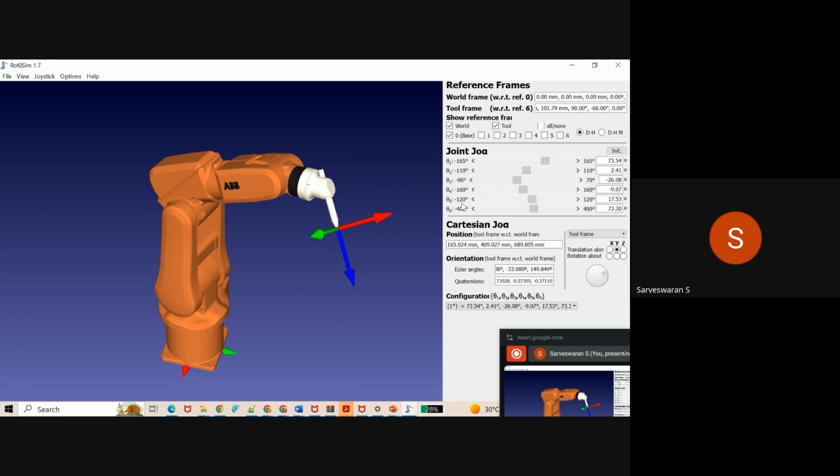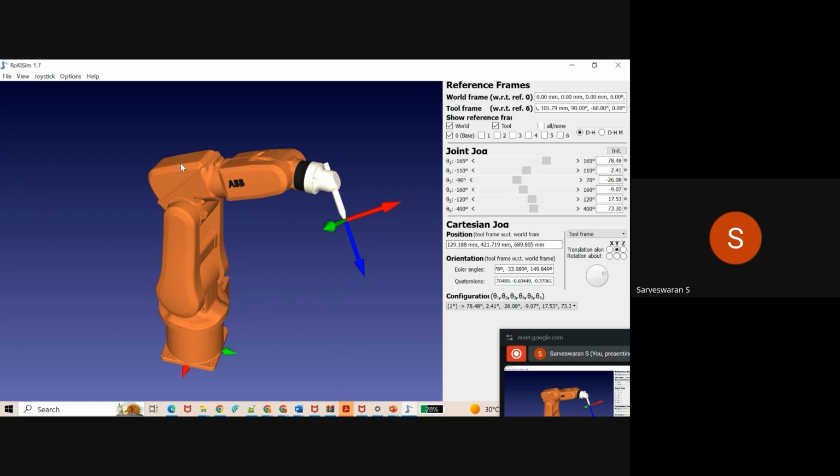Similarly, when you try to apply the same concept to theta 1, then you have to consider the whole link length, and this link L1, L2, L3, L4, L5, and all the other things. And you have some motors over here.